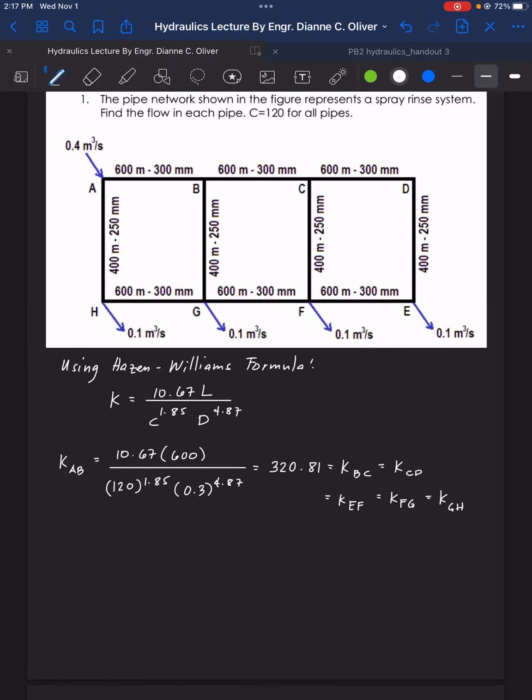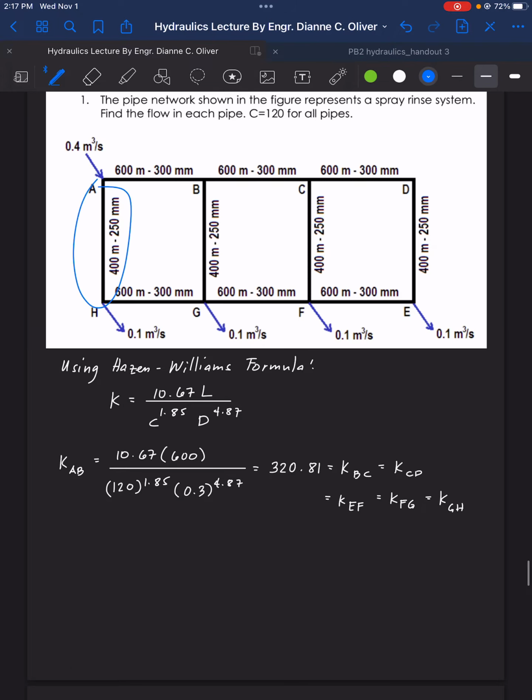Next, the K value for AH. These ones here, the 4 pipes. K of AH is 10.67 times 400 all over 120 raised to 1.85, diameter of 0.25 raised to 4.87.